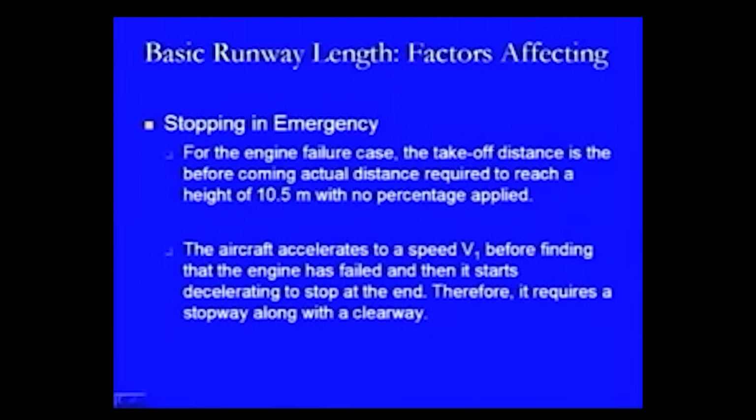The aircraft accelerates to a speed V1 before finding that the engine has failed, and then it starts decelerating to stop at the end. Therefore, it requires a stopway along with the clearway. That is a requirement of another type of facility, another type of construction, which is to be provided at the end of the runway strip in the direction of takeoff.